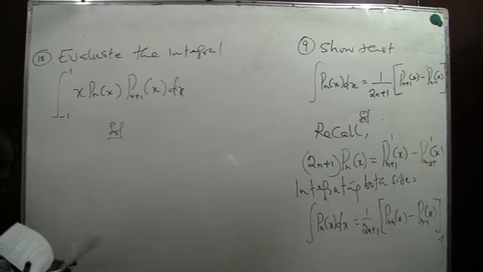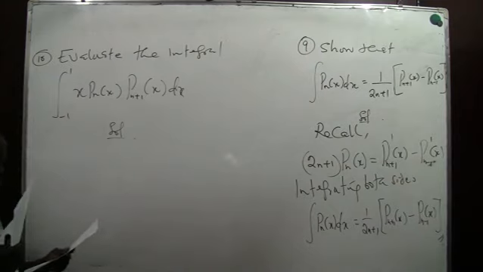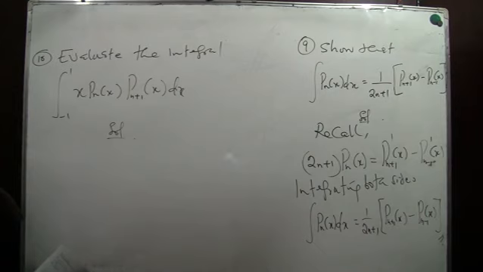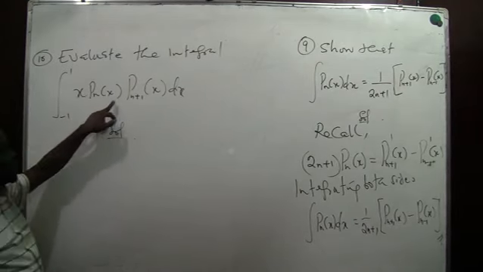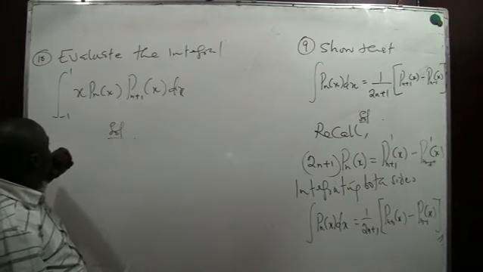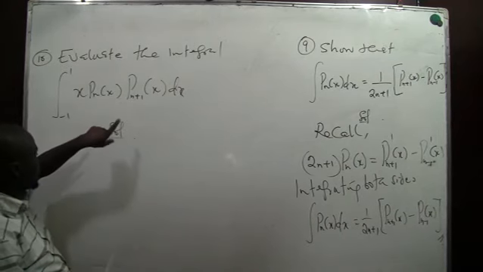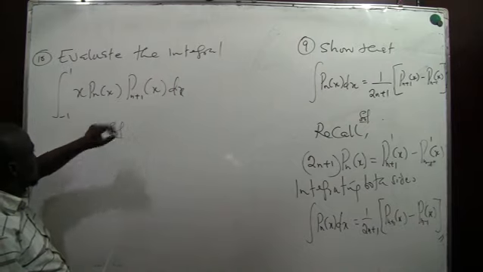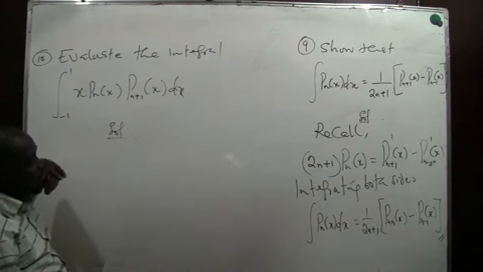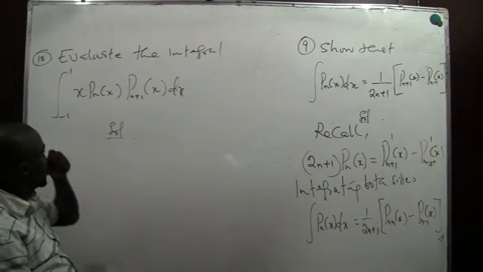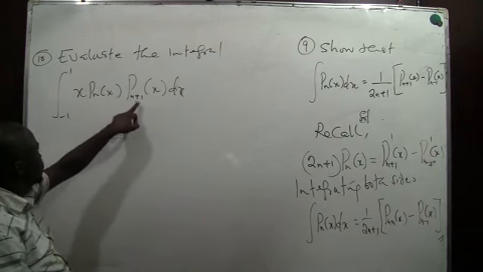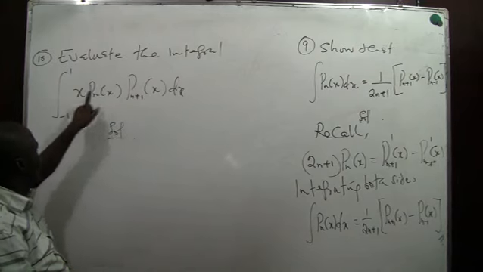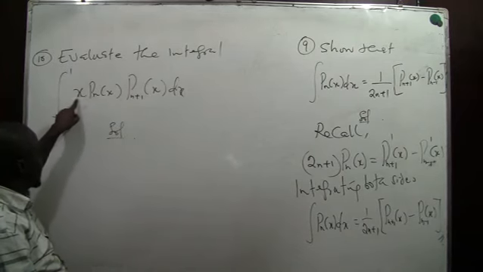We have to use the orthogonality property here. How do we use that? There are three terms here: we have x, we have Pn(x), and we have P(n+1)(x). We need to look for a recurrence relation that combines Pn and P(n+1), or probably xPn or xP(n+1).